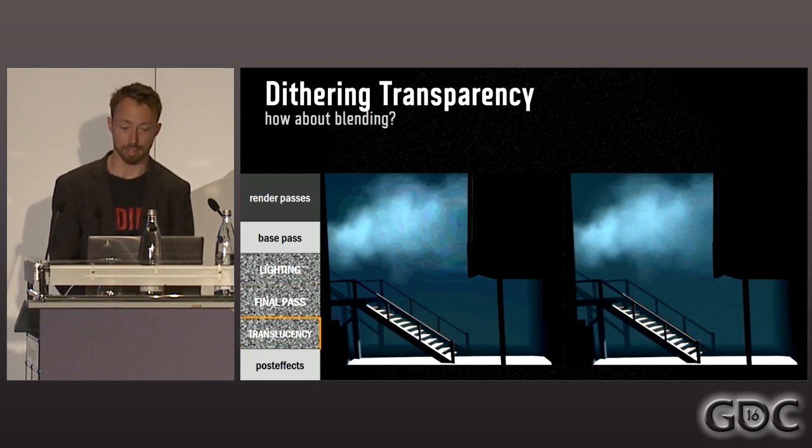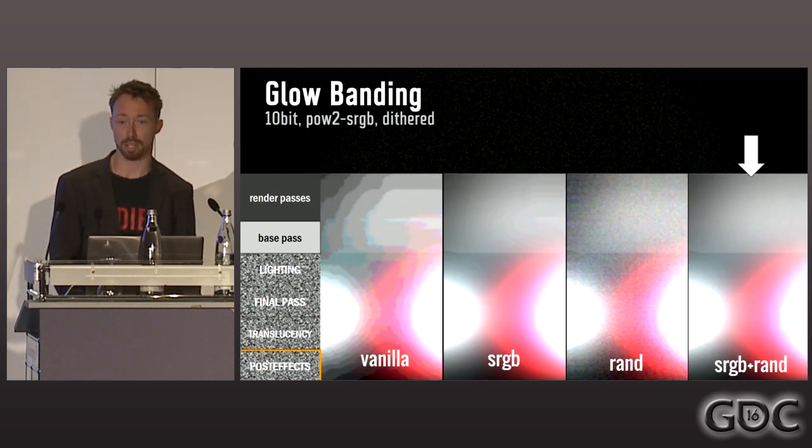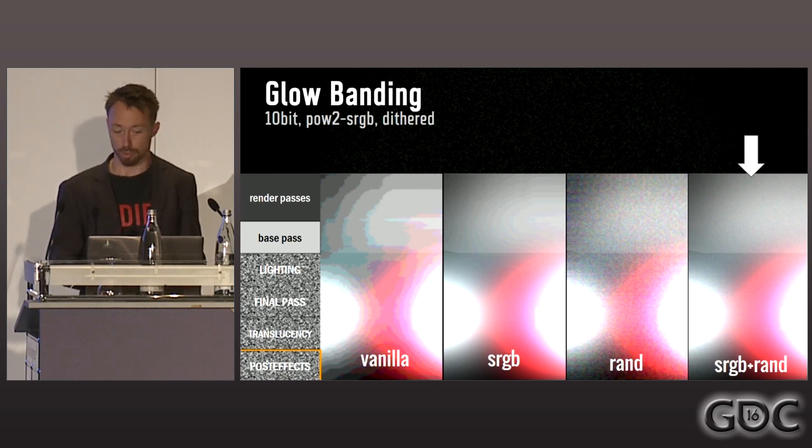Afterwards, we have the translucency pass, and the translucency pass might be the most important pass to dither because during blending, you tend to read and write the same values over and over again into the render target. And so you end up re-quantizing to 8 bits multiple times. So of course, we need to dither that pass as well. The post-effects pass is also surprisingly important to dither.